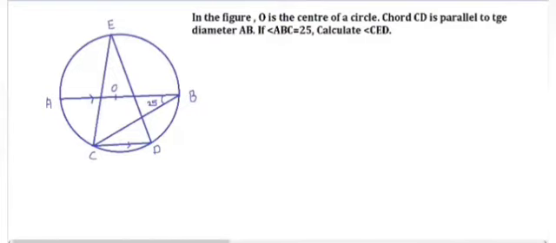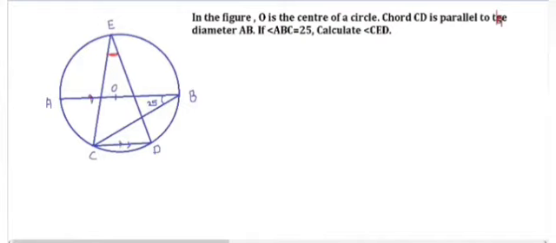Here in this question, in the figure, O is the center of the circle, chord CD is parallel to the diameter AB, and if angle ABC is given as 25, we need to calculate angle CED. So we need to calculate this angle here. Now first thing, these two lines are parallel.